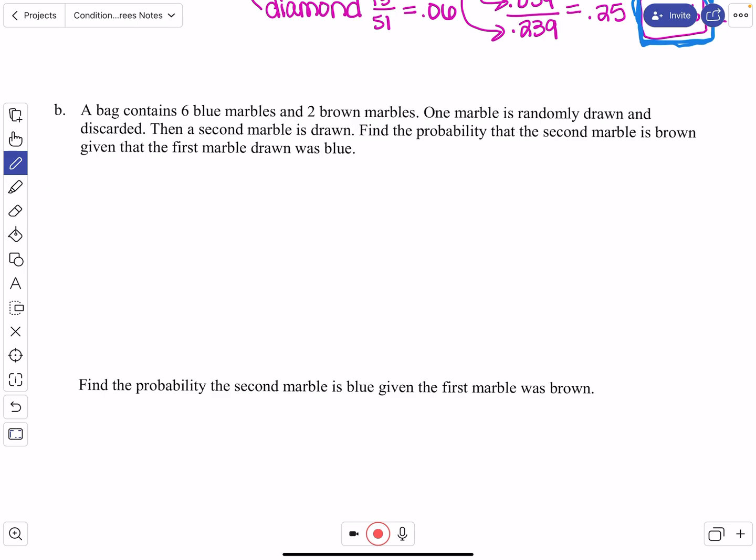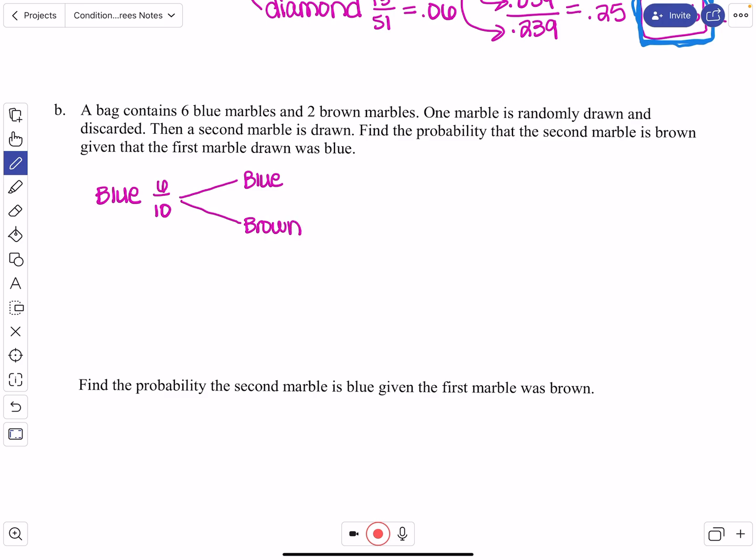Okay, so here's what can happen. We get a blue marble. The probability that it's blue is 6 out of 10. All right, so after you draw the blue marble, then you can draw another blue one, or you can draw a brown one.